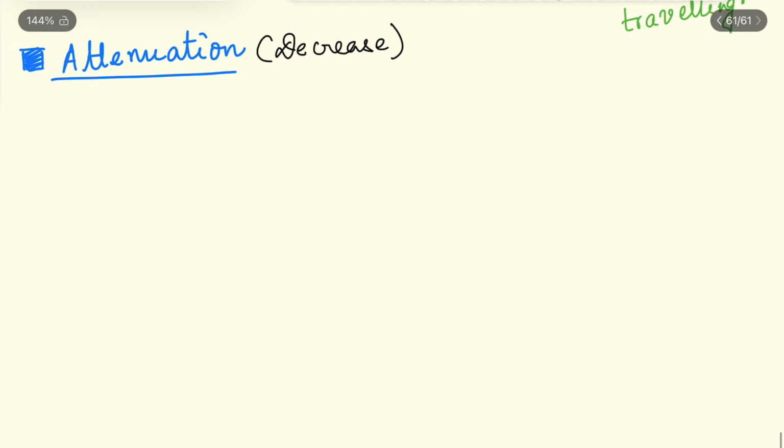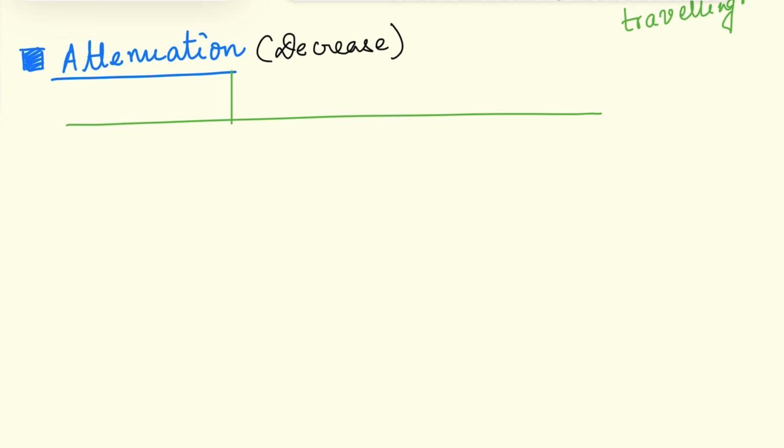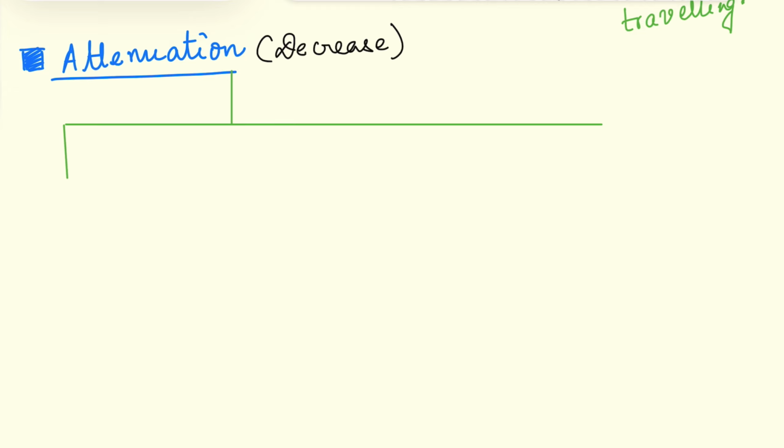Attenuation can happen in two ways. The first is absorption.